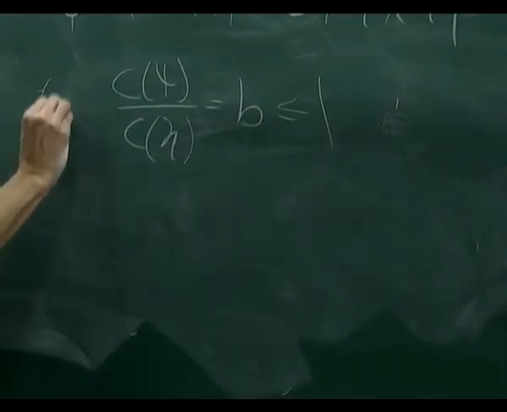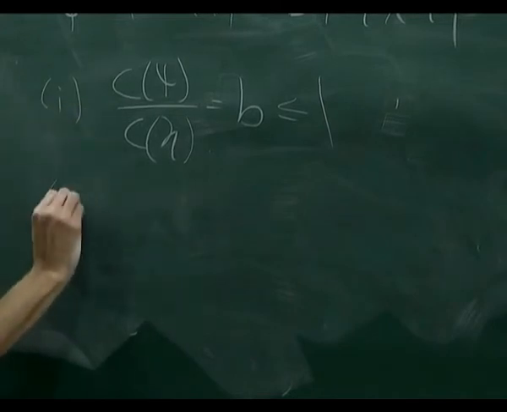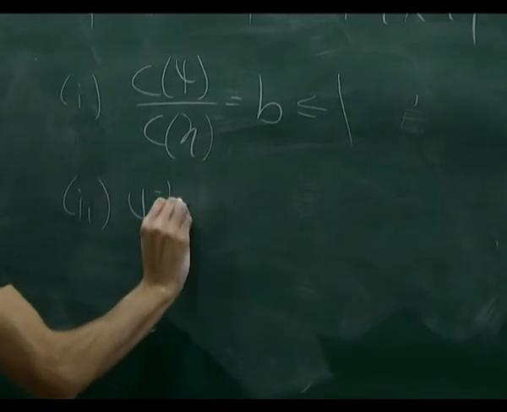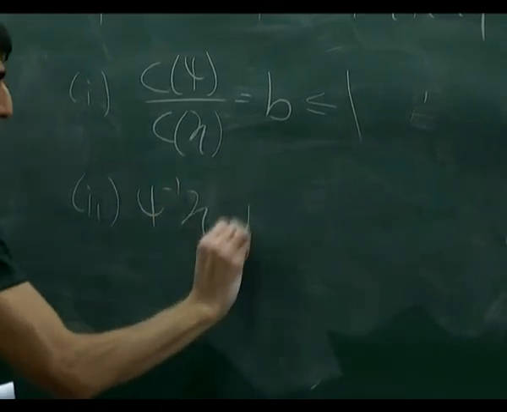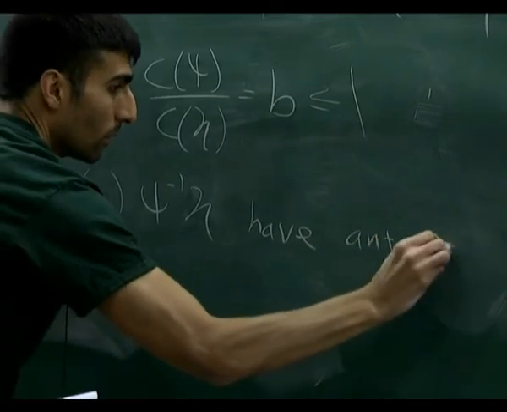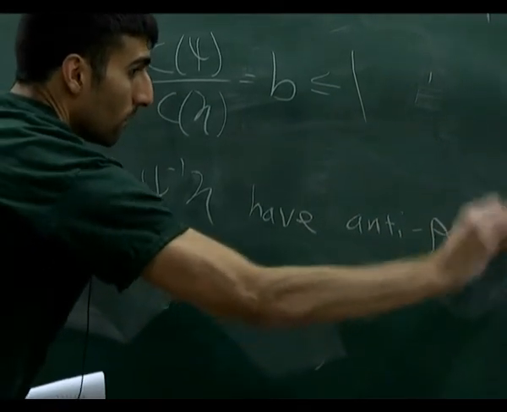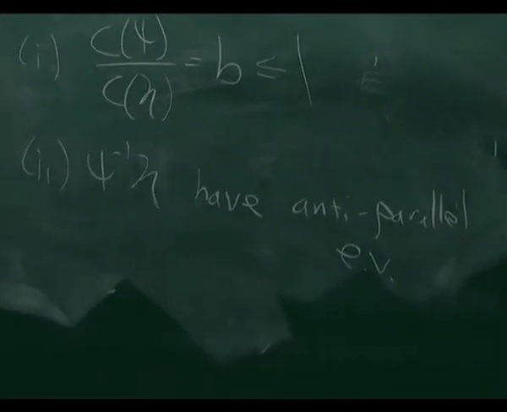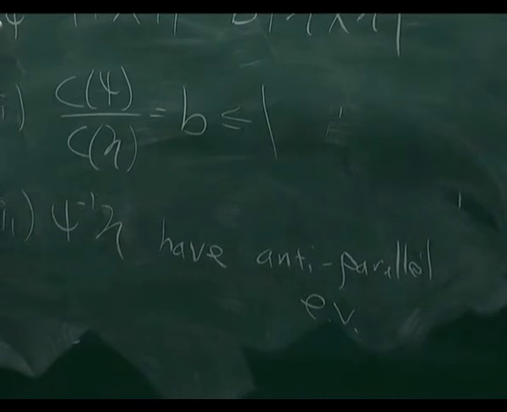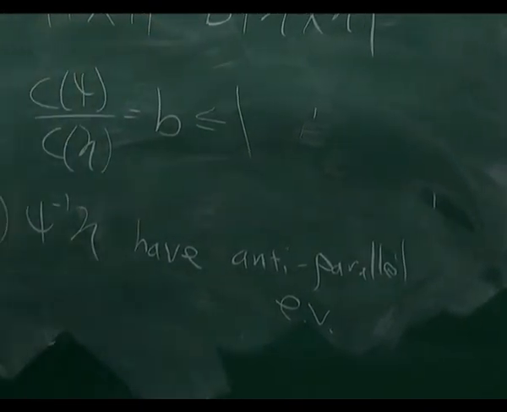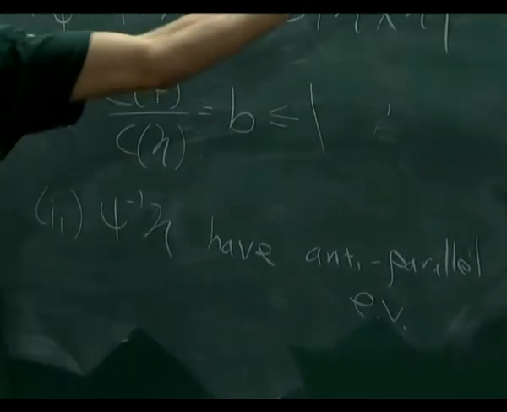And the second condition is that psi and eta have anti-parallel eigenvalues. Okay, so those are the two necessary conditions. Now, this is just for separability of pi psi, but for this to be a separable POVM, we need both elements to be separable. We need this and this.